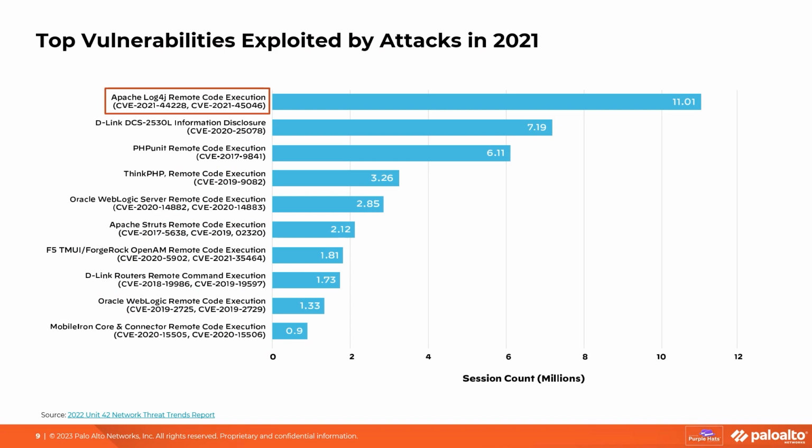We actually saw that the Apache Log4j remote code execution from the end of 2021 was the most exploited vulnerability in 2021 and in most of 2022 as well. You can see that in the 2022 Unit 42 Network Threats report, and more information is also available on our blog. But that vulnerability is still being exploited in the wild by multiple threat actors today to get access.